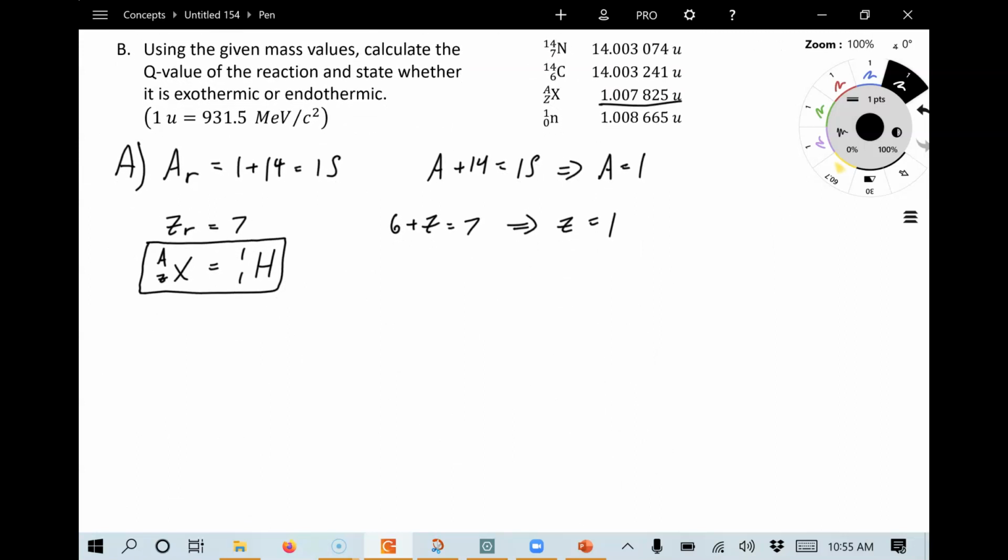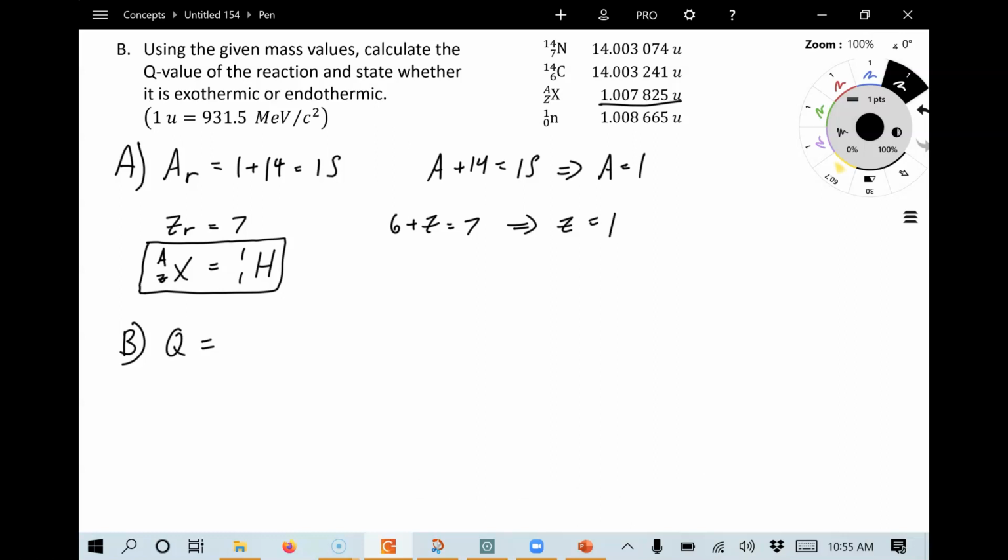The way we do this is the same way that we always calculate nuclear energies. We look at the difference in the mass between the products and the reactants, and then we convert that mass difference into energy using Einstein's equation, E equals mc squared.